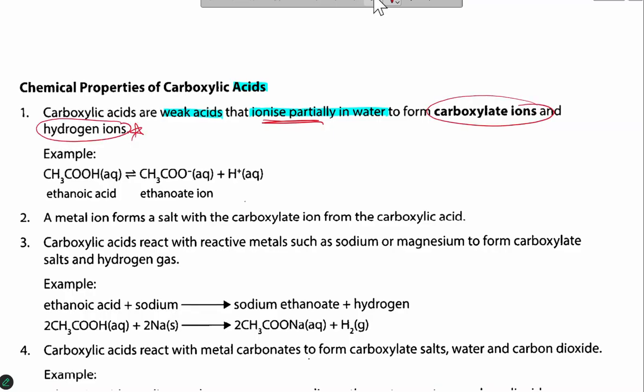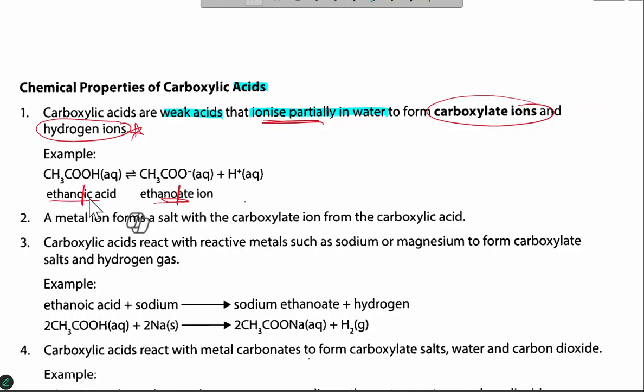Remember hydrogen ion. What is carboxylate? If you don't remember the word carboxylate, at least remember ethanoate, propanoate, methanoate. To make it simple, when you see ethanoic, you see that IC at the back? IC changes to ATE. That's the meaning of carboxylate, ATE. Ethanoic changes to ethanoate.